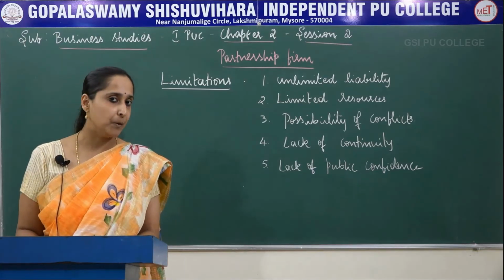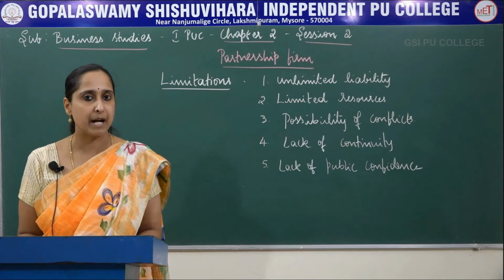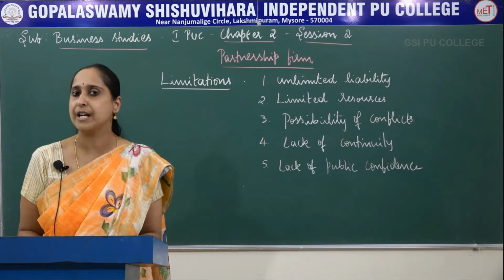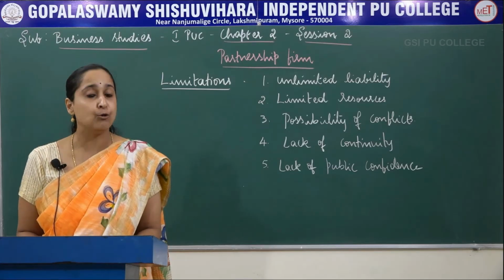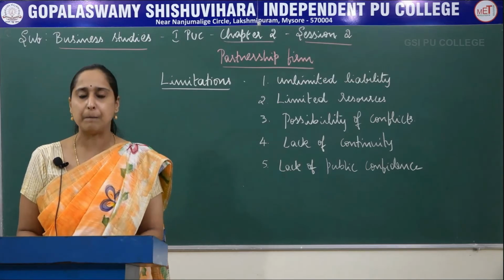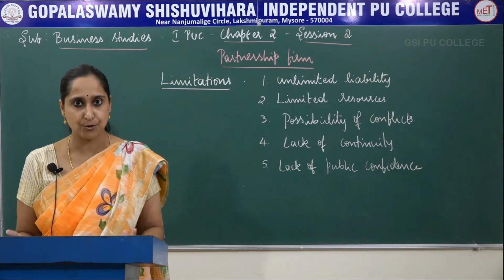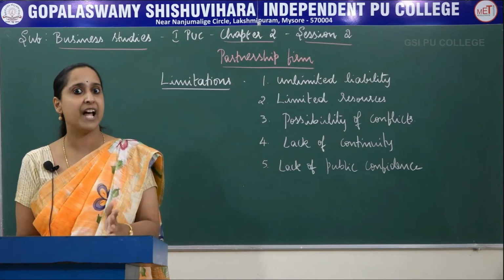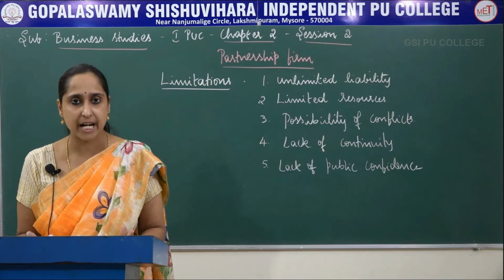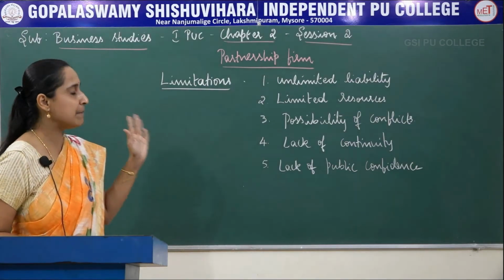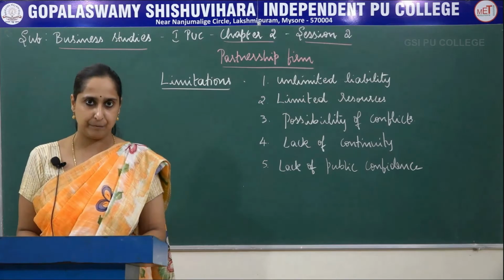Here public will not have any confidence in partnership business because they do not reveal any financial information to public, and they do not publish any of their books of accounts to public. So public will not be in a position to understand what kind of business they are doing or how much profit they have earned. Public will not have any idea. So that is lack of public confidence. So these are the limitations of partnership firm.